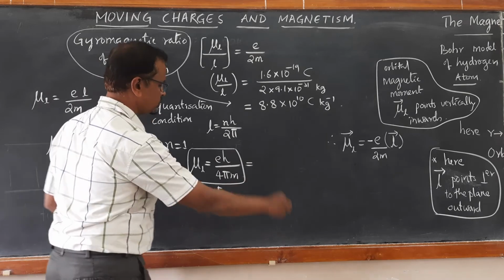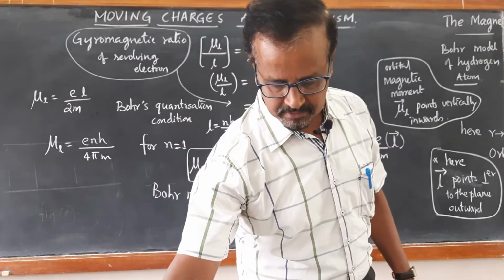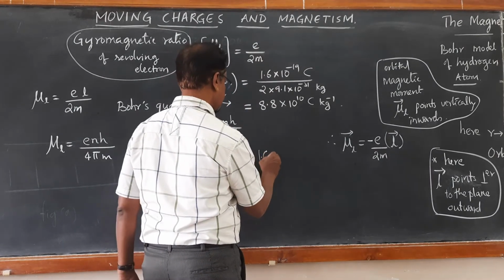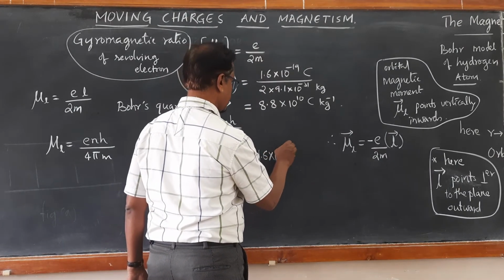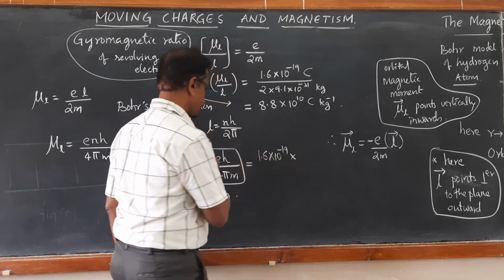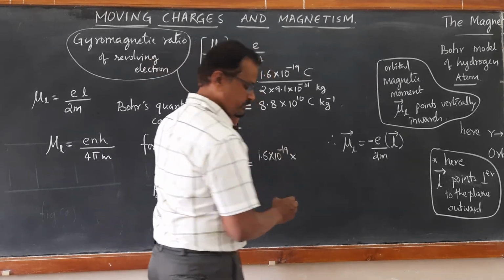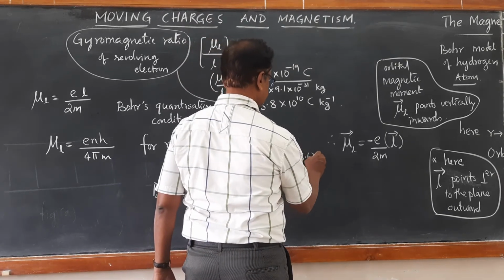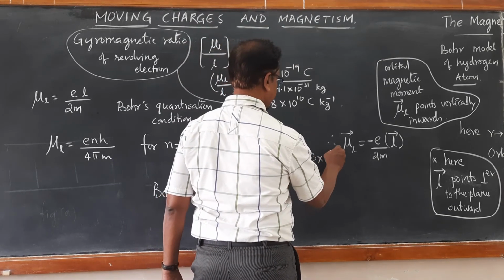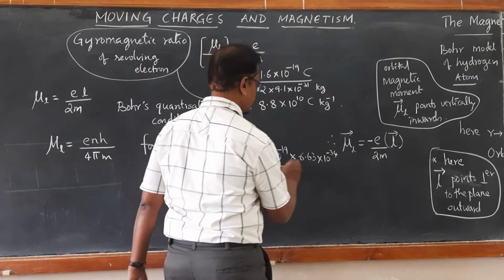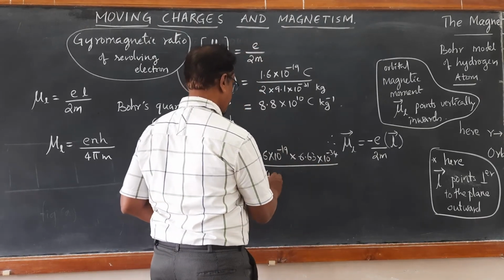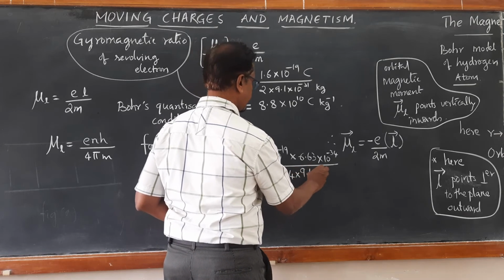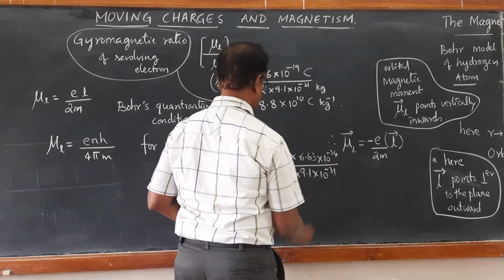The basic charge of the electron is 1.6 into 10 to the power of minus 19 coulomb, and Planck's constant, if you remember, is 6.63 into 10 to the power of minus 34 joule second, divided by 4 into 3.14 into the mass of the electron, 9.1 into 10 to the power of minus 31 kg.